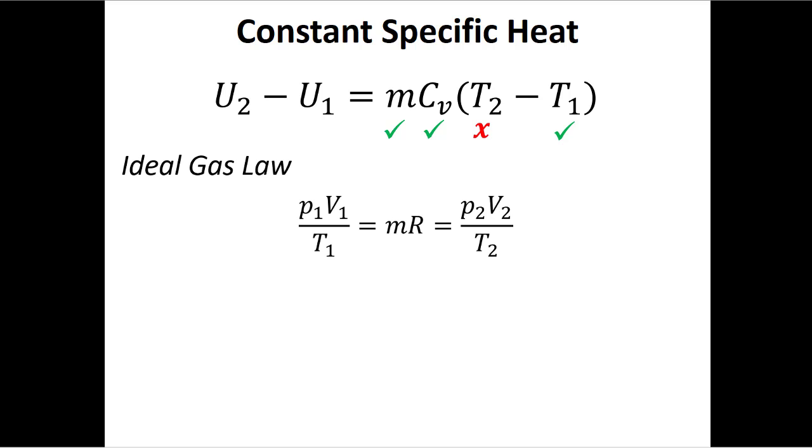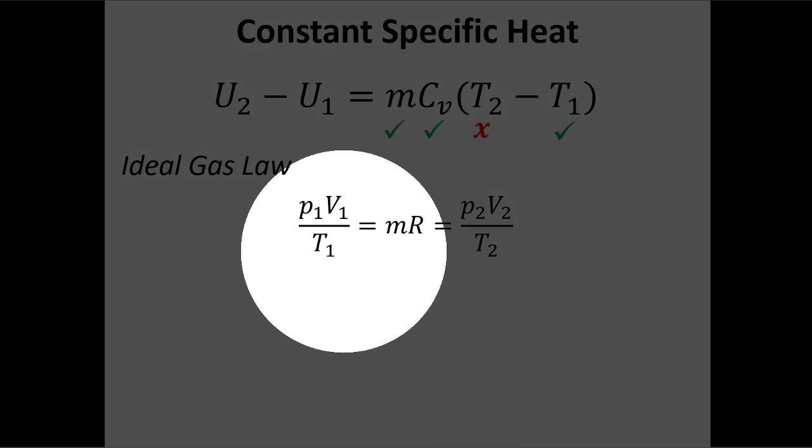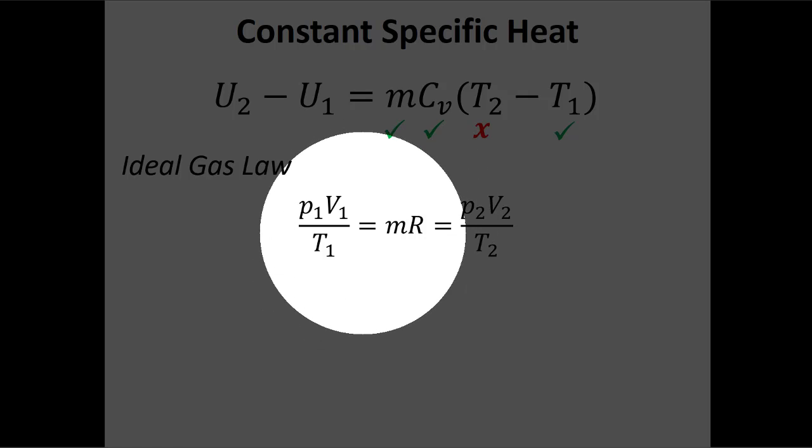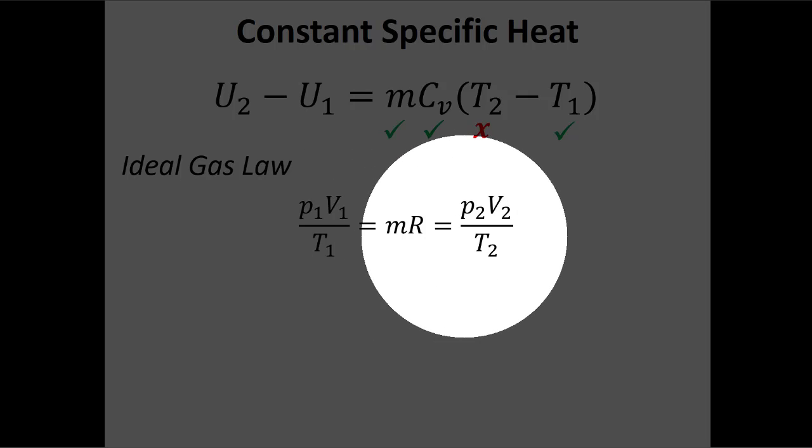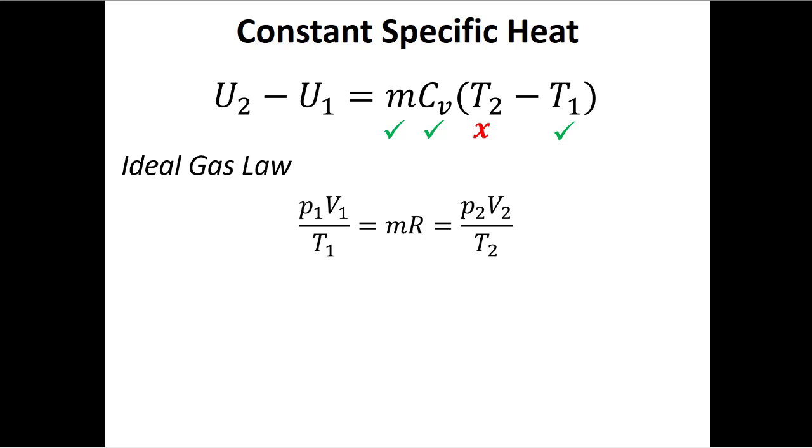So here we'll use the ideal gas law again, but we'll manipulate it a little bit. If P1V1 is equal to mRT1, but m and R don't change, so m and R are constant, that means that P1V1 over T1 is equal to mR, but mR is also equal to P2V2 over T2.